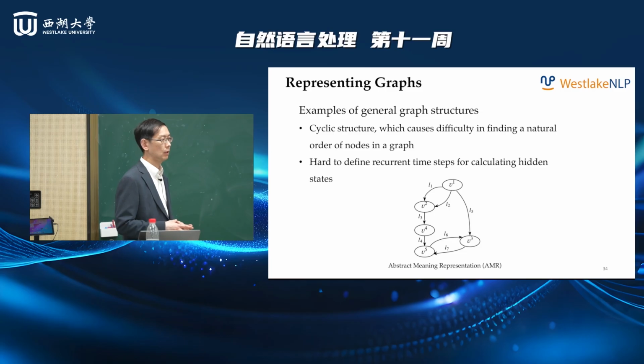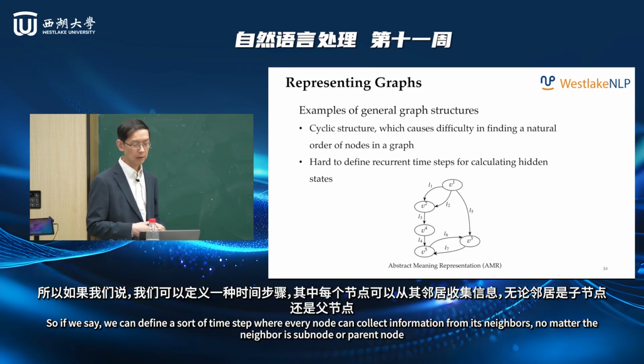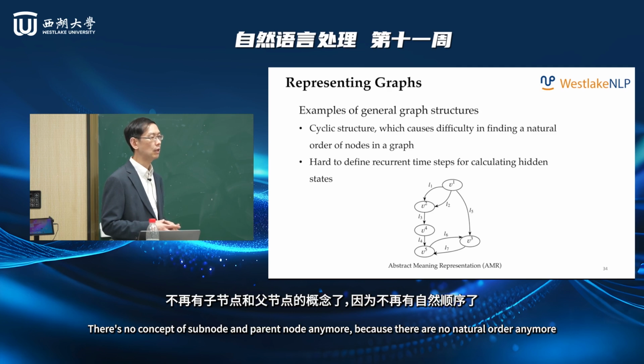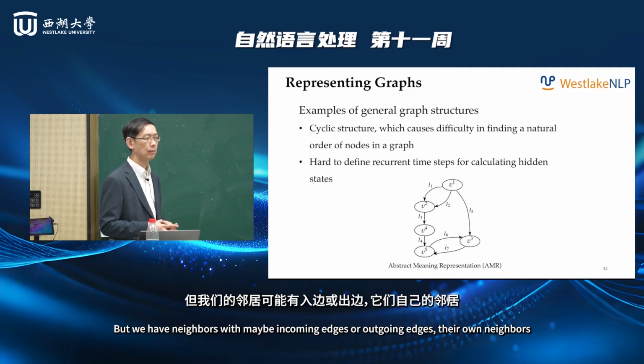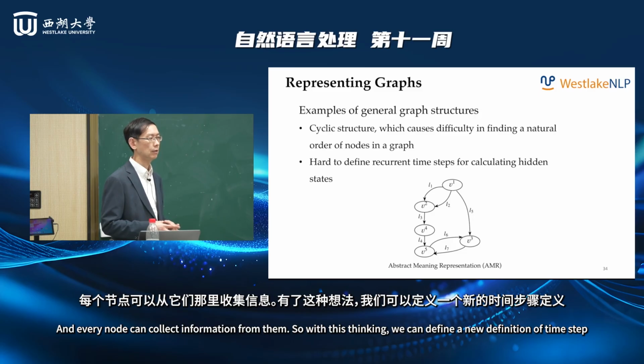So if we can define a sort of time step where every node can collect information from its neighbors, no matter whether the neighbor is its subnode or parent node. There's no concept of subnode and parent node anymore because there is no natural order. But we have neighbors with incoming edges or outgoing edges. They're all neighbors, and every node can collect information from them.